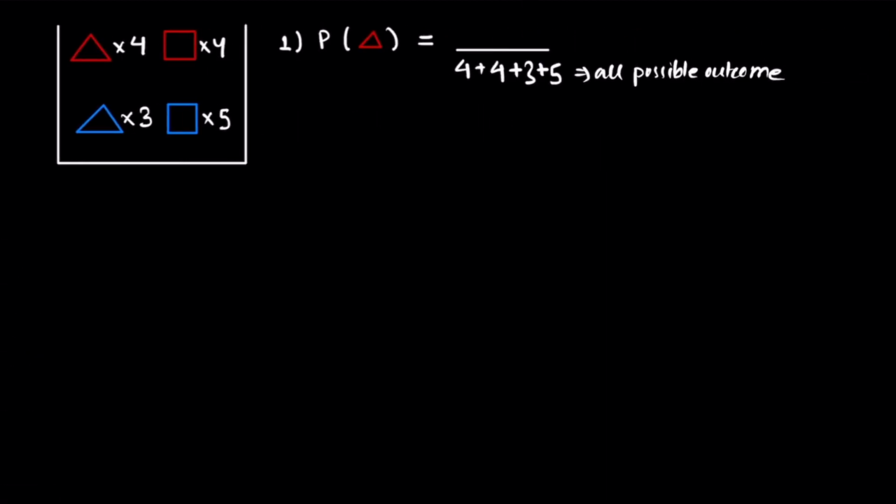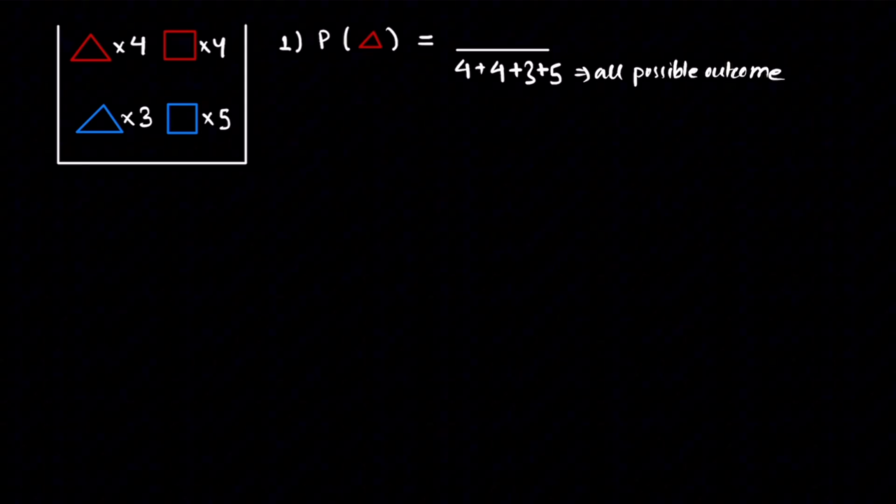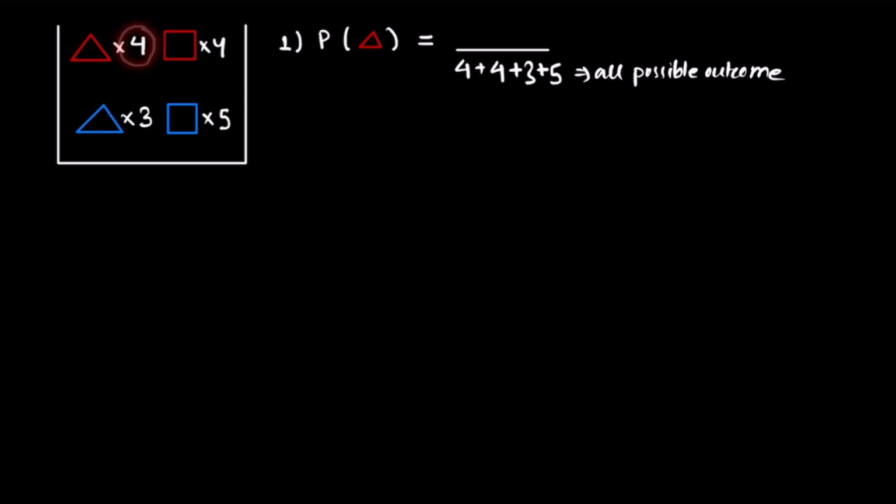Your desired outcome is to get a red triangle, not just any triangle, a red triangle. And there are altogether 4 red triangles. So the probability comes out to be 4 divided by 16.